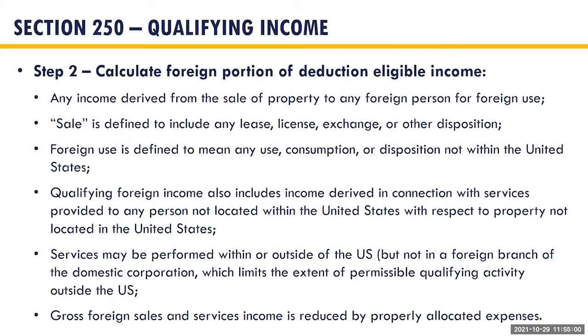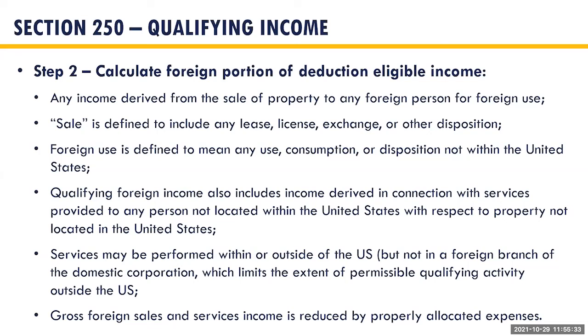Moving forward, we've walked through some of the mechanics here, and looking through the rules and into what is considered the foreign portion of the deduction eligible income, we're talking about sales and services that are made outside of the U.S. or, in effect, for ultimate use outside the U.S. So in this case, it's any income that's derived from the sale of property.